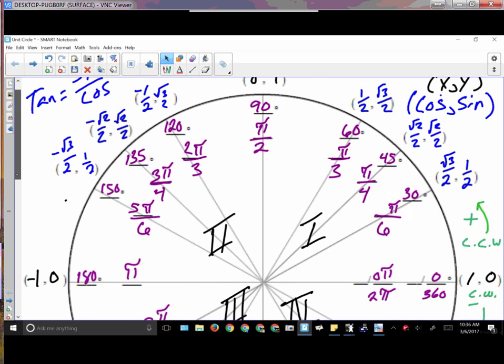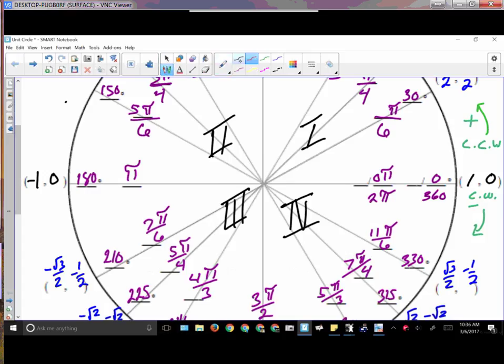When we are dealing with quadrant 1, this is going to be plus, comma, plus. So anything that is positive for sine and cosine is going to be over here. This is going to be negative, comma, plus. This is going to be negative, comma, negative. This over here is going to be plus, comma, negative.